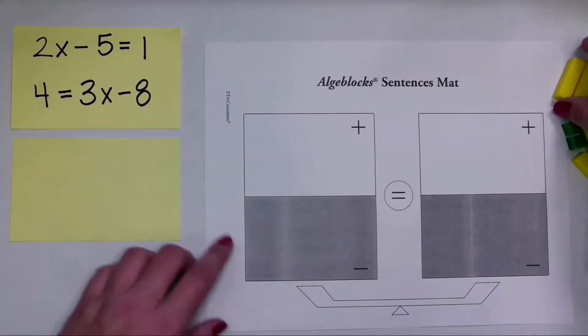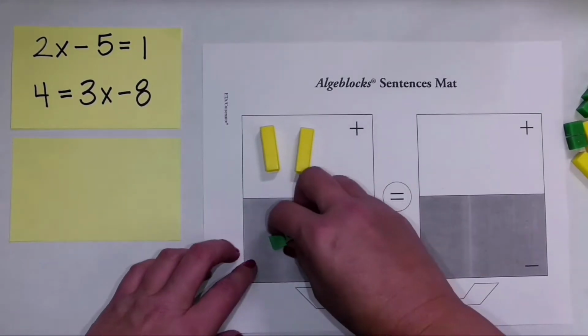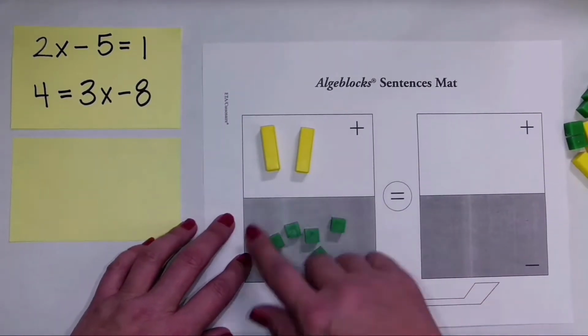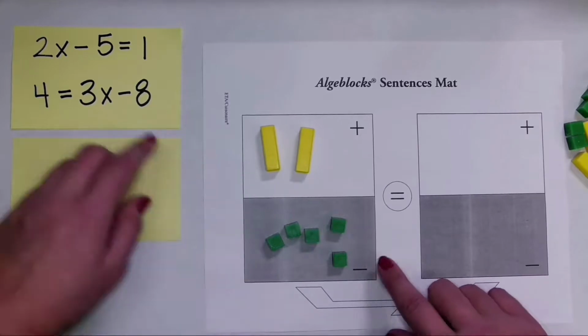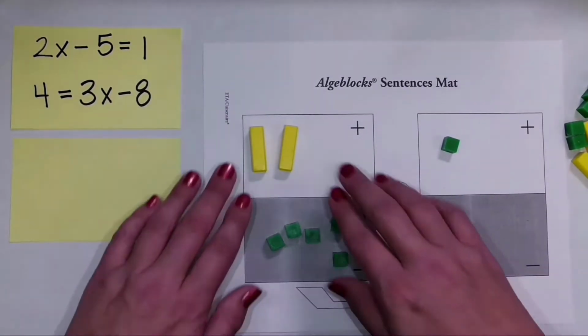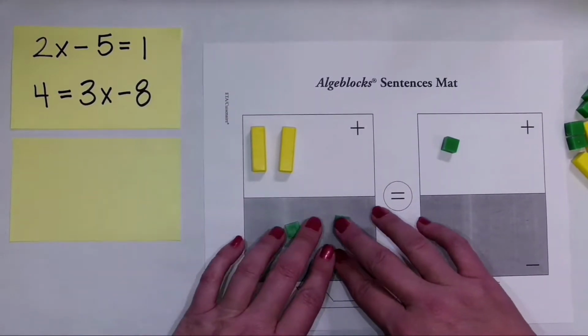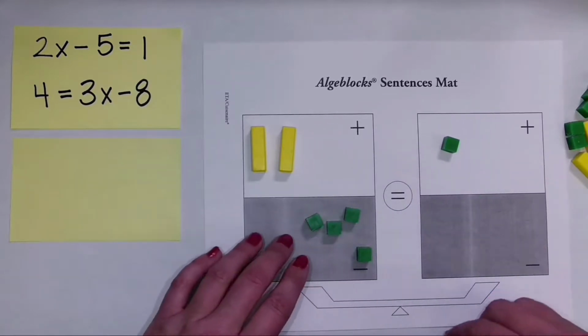So here I'm going to get this set up. So I have 2x minus 5. So that would be down here in the negative part of my mat equals 1. Now I want to isolate the variable. That means I'm going to leave the variable where it is, and I want to move this constant. Now I do this by the use of zero pairs.